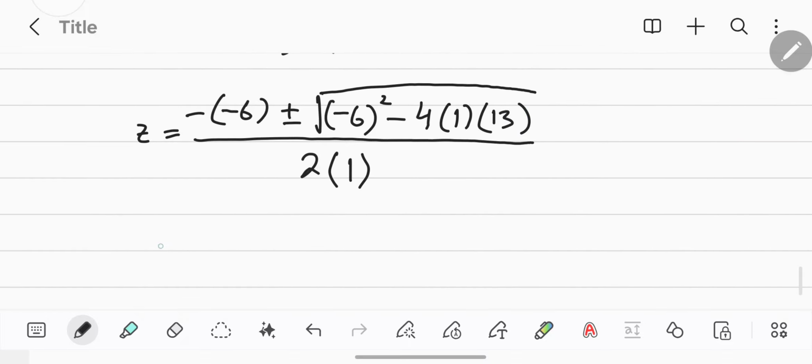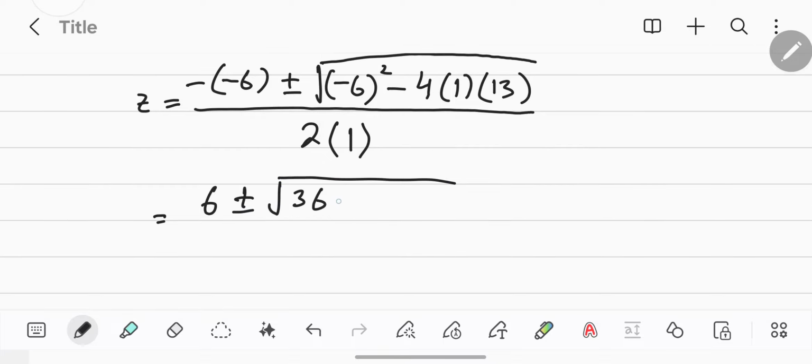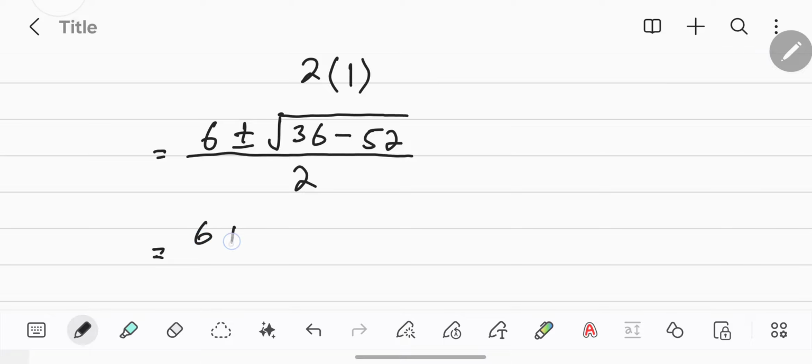Now if I solve this using a calculator, I will have 6 ± √(36 - 52) divided by 2. So I have (6 ± √-16) / 2.